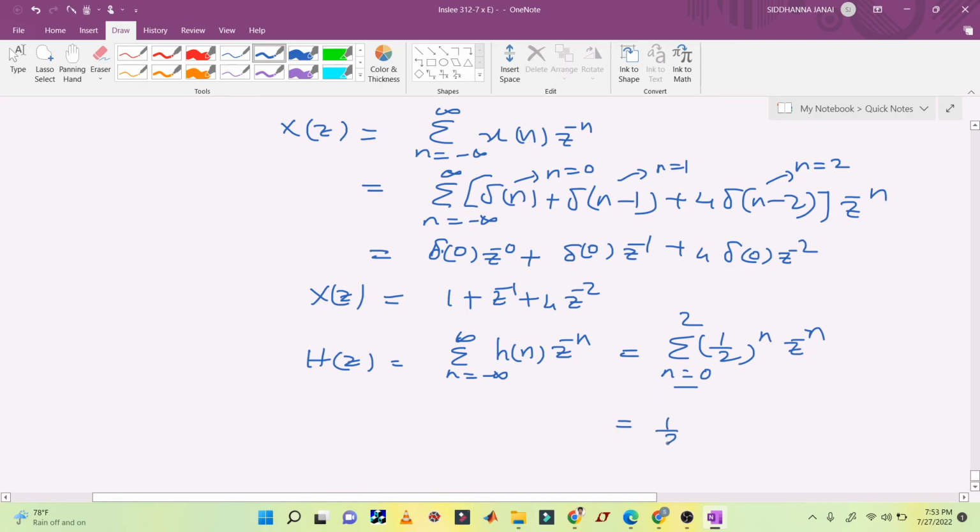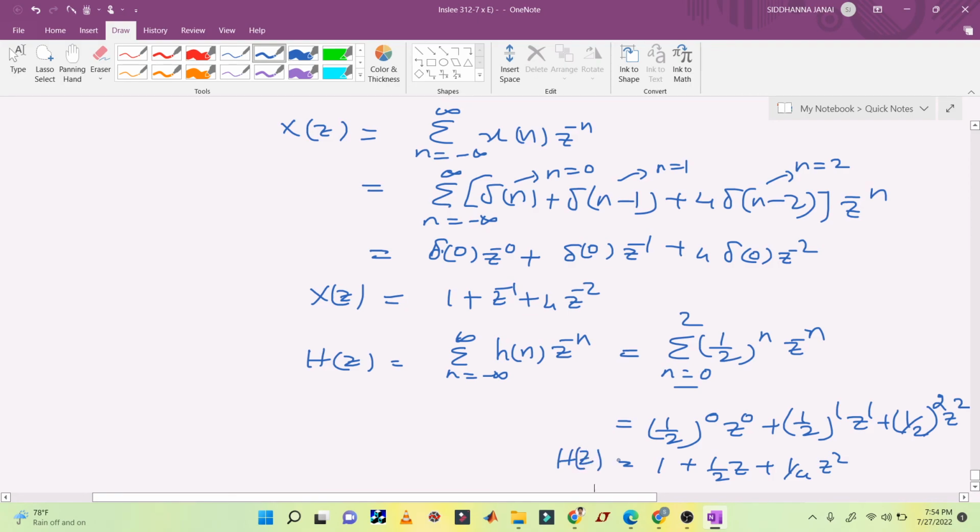So 1 by 2 to the power 0 z power 0 plus 1 by 2 to the power 1 z power 1 plus 1 by 2 to the power 2 z power 2. So this is the answer. 1 by 2 to the power 0 is 1, then plus 1 by 2 z plus 1 by 4 z square, since 1 by 2 square is 1 by 4. So this is our h of z.